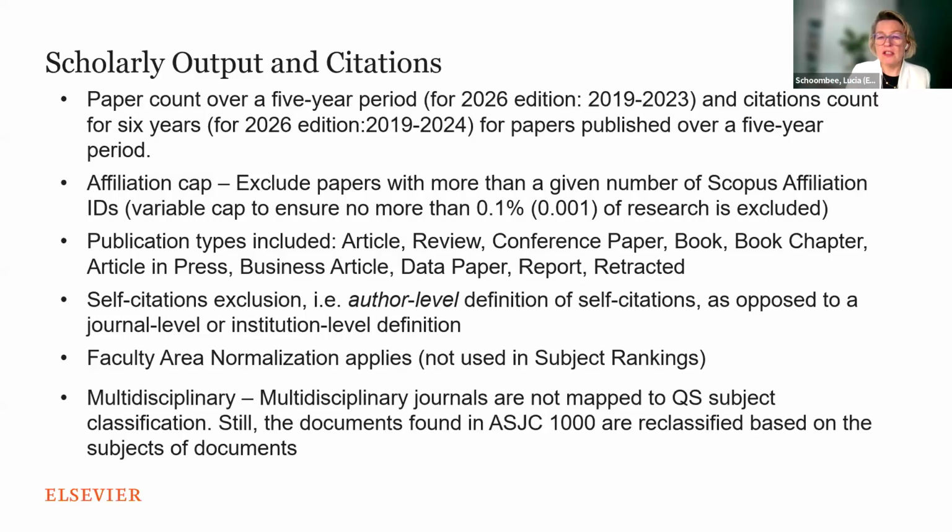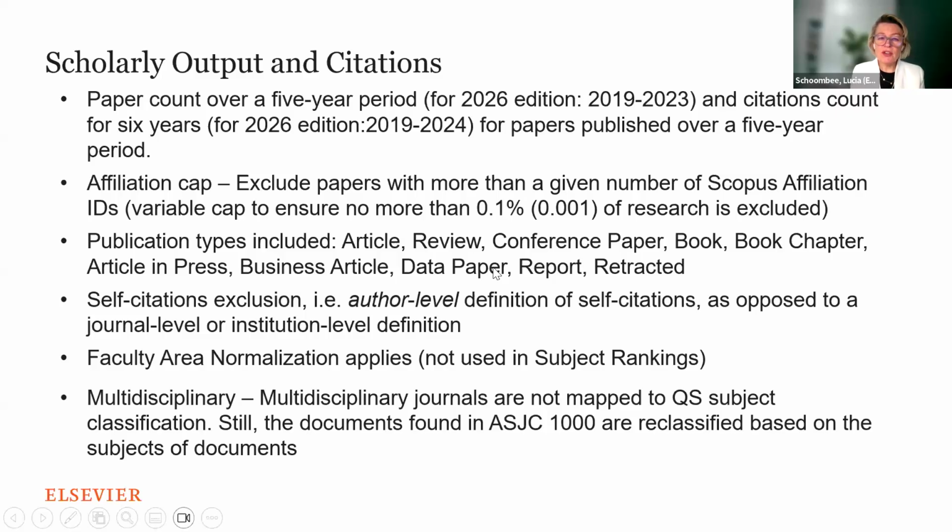So for arts and humanities, the cap would be like 500, and for engineering, it would be 750 authors per paper, etc. But the variable cap will ensure that no more than 0.1% of research is excluded, right? So it's very liberal, actually, in terms of hyper-authored papers.